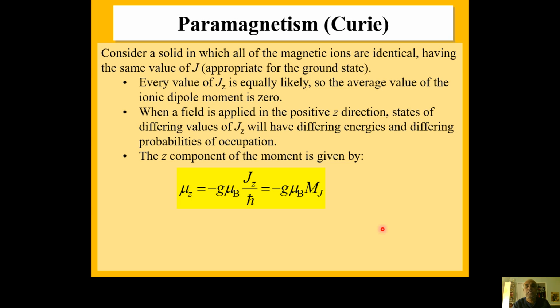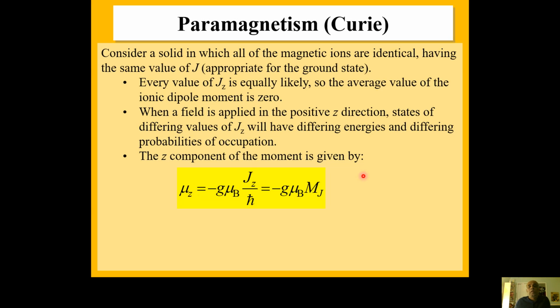So if I write the total magnetic moment, if you have your magnetic field in the z direction, you can write your mu z as minus g mu B Jz. Sometimes, since we are putting that h cross factor here, you can divide it by h cross. Some books write it this way. Then we can write this factor as mj, because Jz is given as m times h cross.